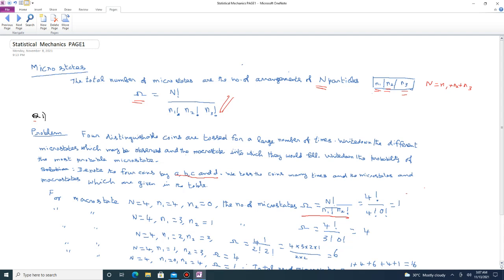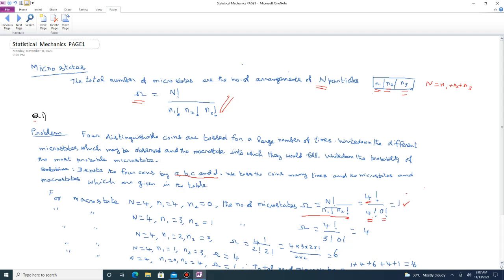So for n1 is equal to 4, n2 is equal to 0, for the first macrostate, the number of microstates corresponding to that macrostate, since capital N is equal to 4, we substitute: 4 factorial over 4 factorial into 0 factorial, which is equal to 1.